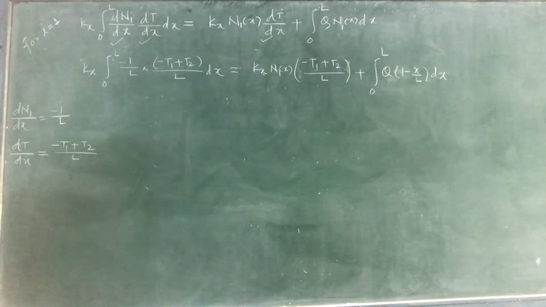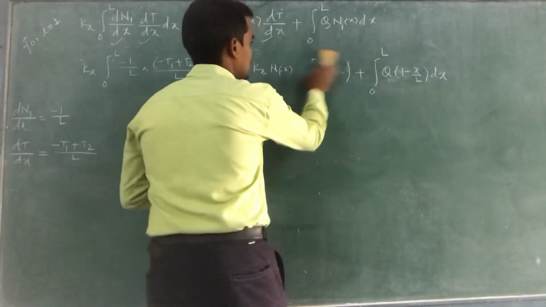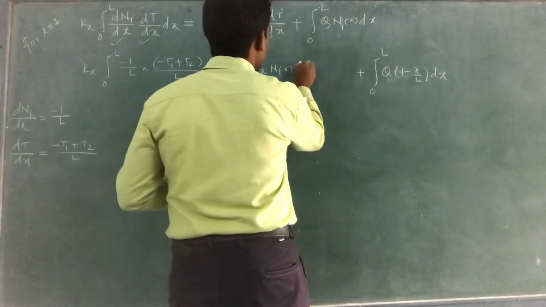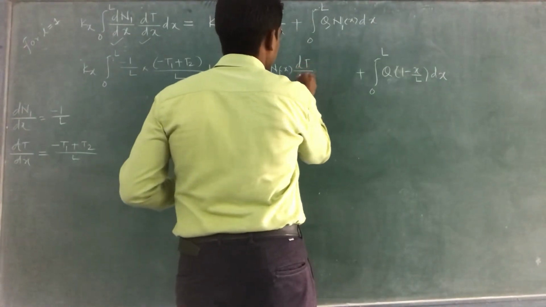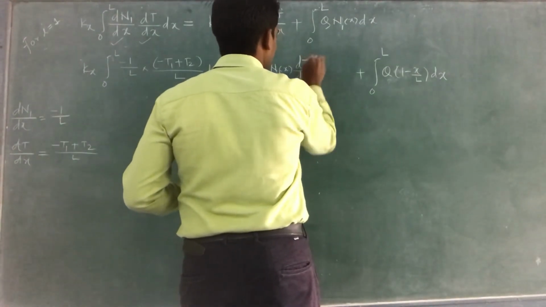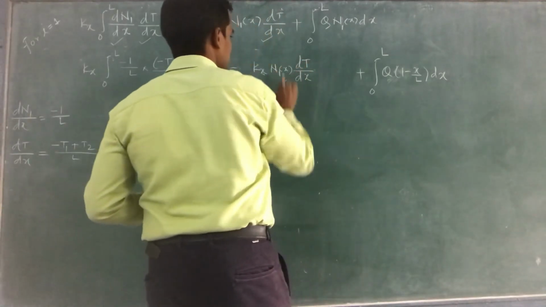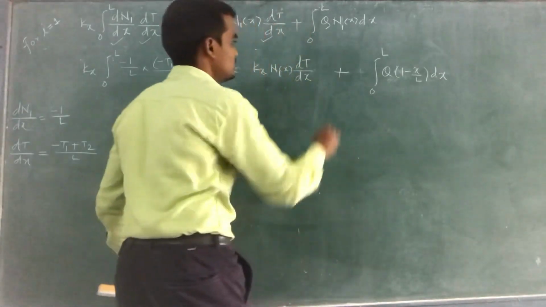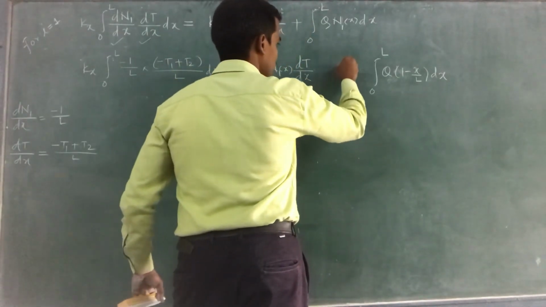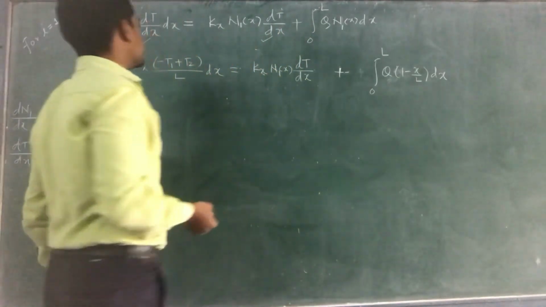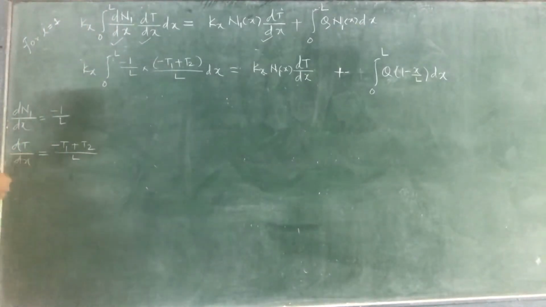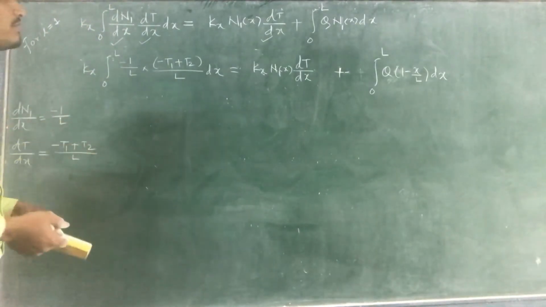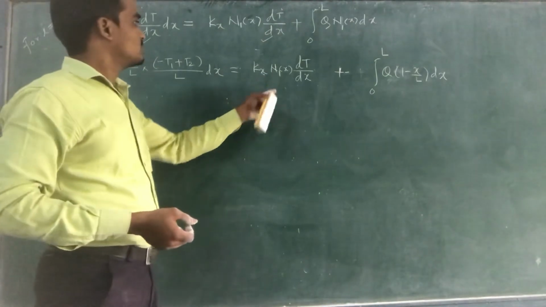k times N1(x) into dT/dx. Here we will not write this term dT/dx; we will put this term as it is. We will discuss this term later, because we will first take only the integration terms. We will determine only the integration terms, and lastly we will look at this term.